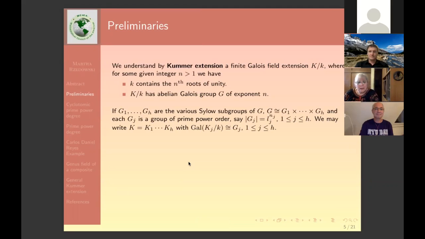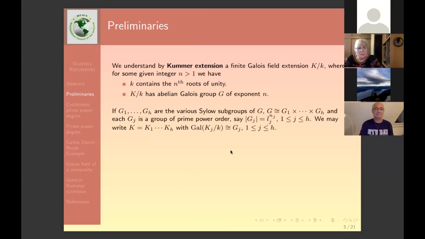In this case, we have G1 up to Gh, the various Sylow subgroups. Then G is equal to the direct product of the Sylow subgroups, and these subgroups have order a power of a prime. In this case, we have that K is the composite of the corresponding fields.